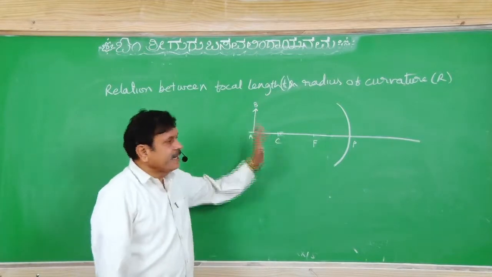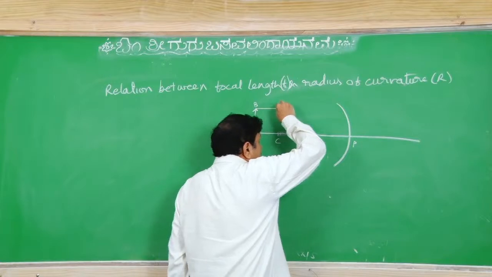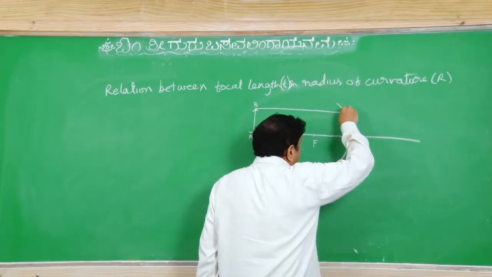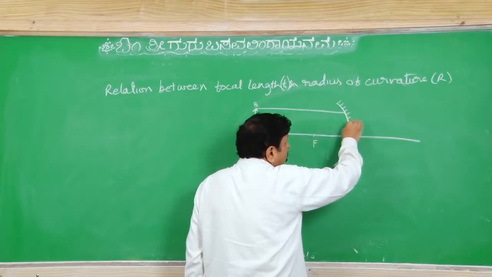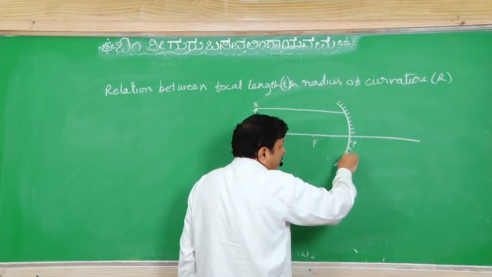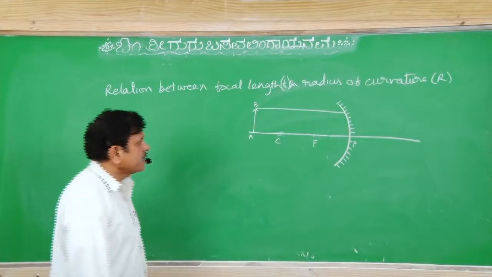It is called an extended object. Say a ray of light is traveling from this parallel to principal axis. We are assuming a concave mirror. We can show likewise for convex mirror, but we will take up only this.